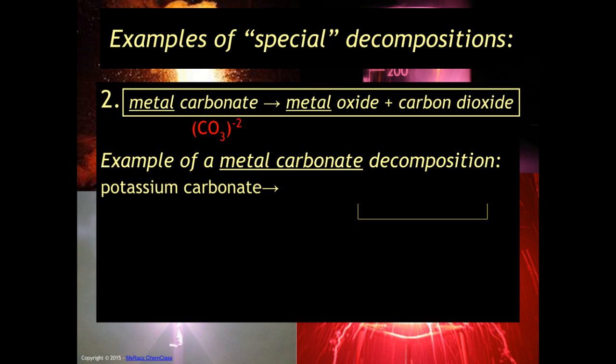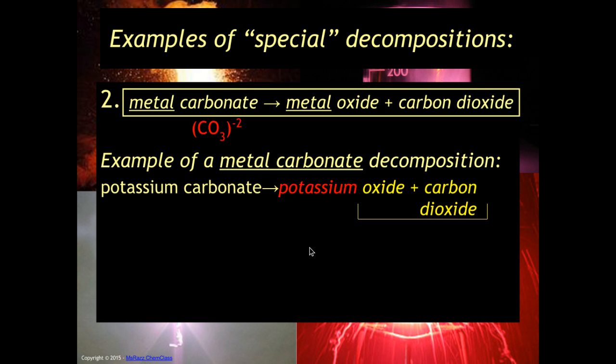There's carbonate, CO3 2 minus. You found that on your polyatomic ion sheet. Whenever carbonate decomposes with the metal, you're going to get that metal oxide plus carbon dioxide. So potassium carbonate goes through a decomposition reaction and will yield potassium oxide plus carbon dioxide.